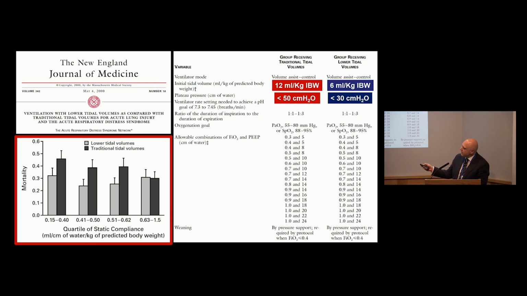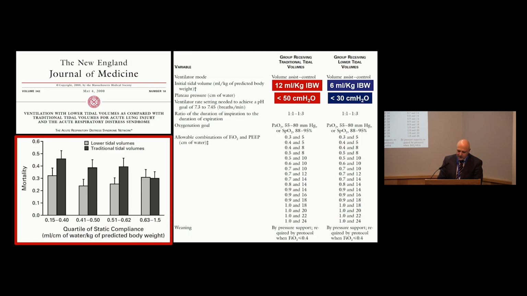Look, so this is the quartile of static compliance, and you can see the difference between low tidal volume and traditional tidal volume, which is quite marked if the compliance is low, but there is no difference if the compliance is larger, indicating that there is an interaction between mechanics of the patient or the respiratory system and the tidal volume that is applied.